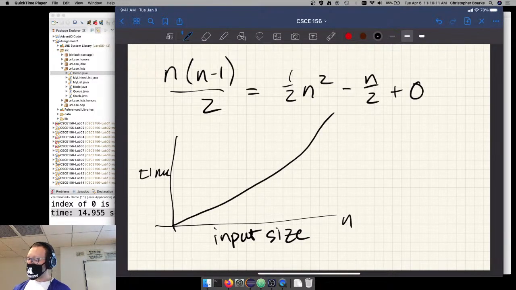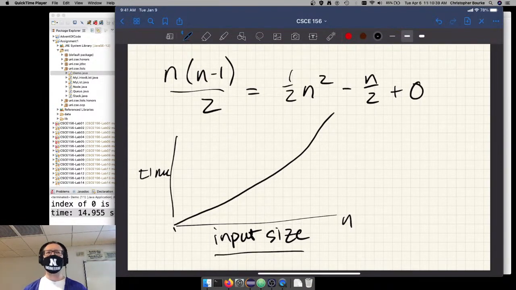What do we call this function here, when this is the most dominant term? It's a polynomial of degree 2. Another name for that would be a parabola if you go back over here. Unfortunately, we don't care about that side of the graph. Why? Yeah, exactly. Do we care about negative input size?